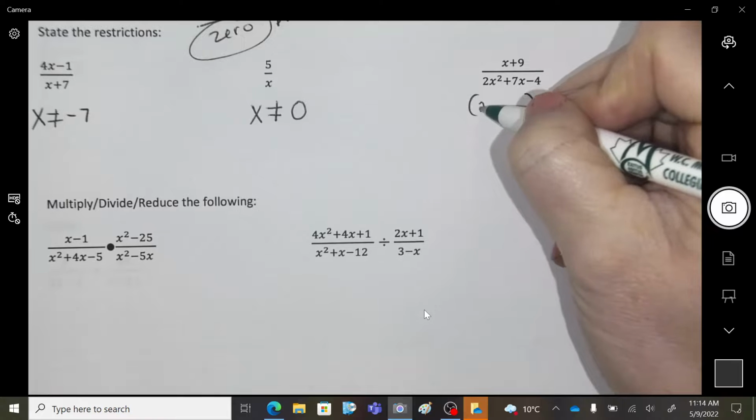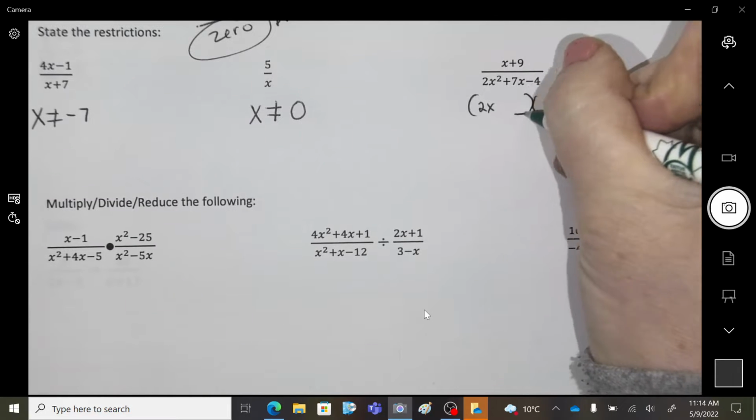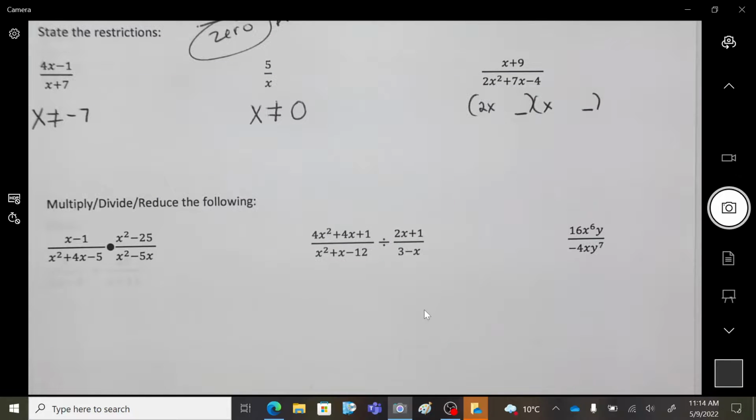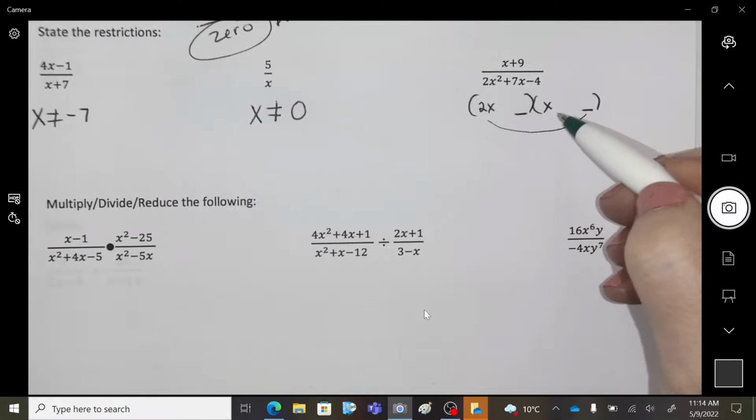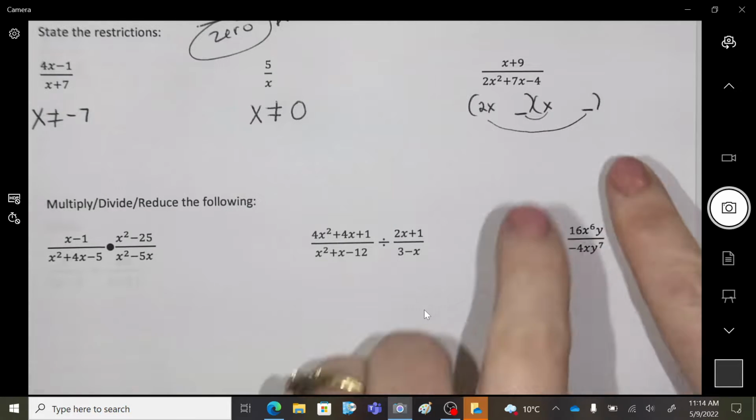Okay, so it's a complex. I'm going to try to see if I can do this with some trial and error here. 2x times x. Here, I have to either go with a 2, 2 or a 1, 4. Can anybody see an option using a 2 and 2 that would work?